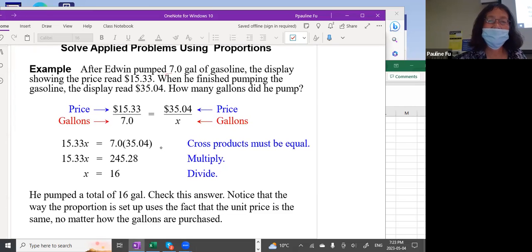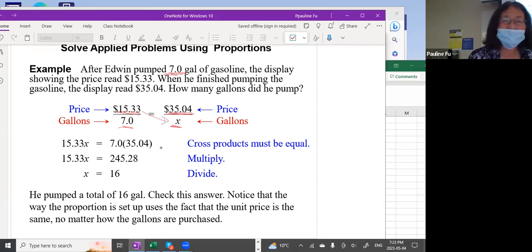So when he pumped 7 gallons, it costs $15.33. Now how many gallons, X gallons, will cost $35.04? And then you use cross multiplication: 15.33 times X equals 7 times 35.04, this step.